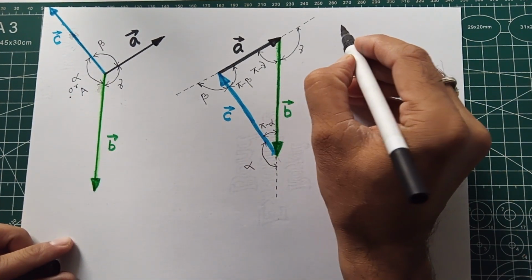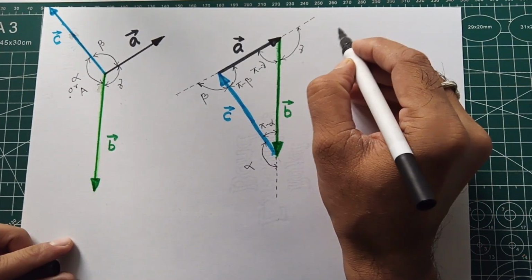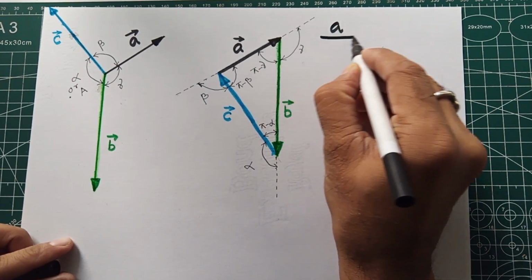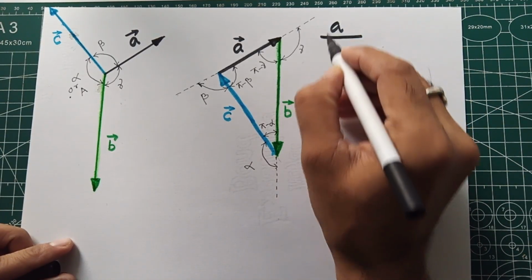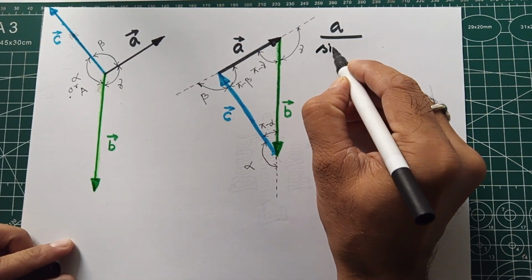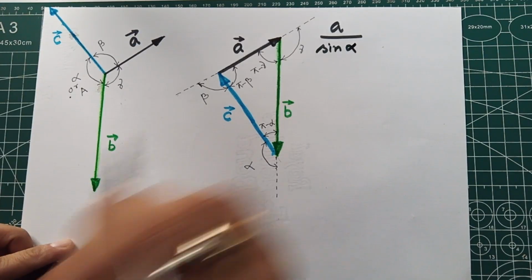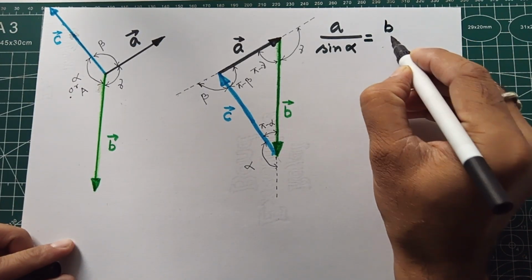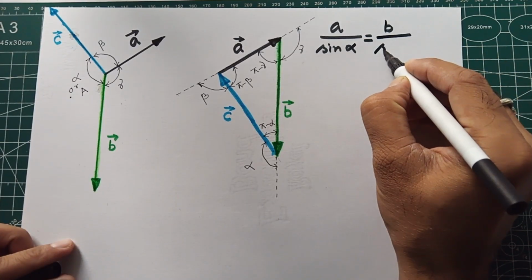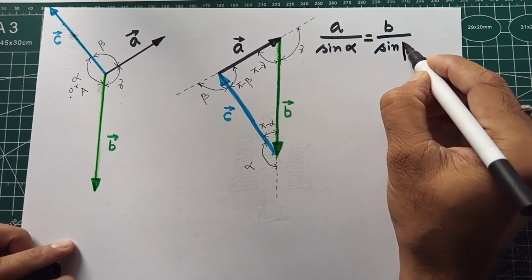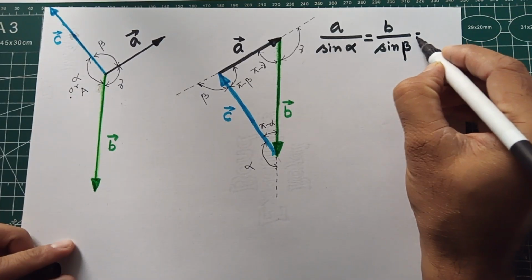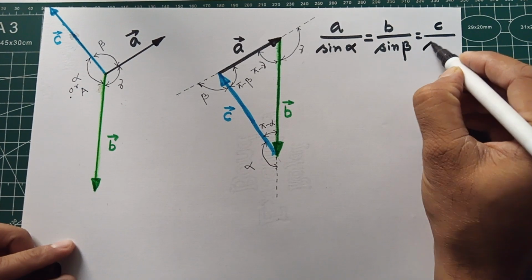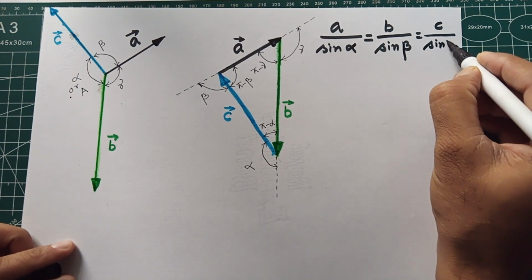here, according to the diagram, A by sine alpha is equal to B by sine beta is equal to C by sine gamma.